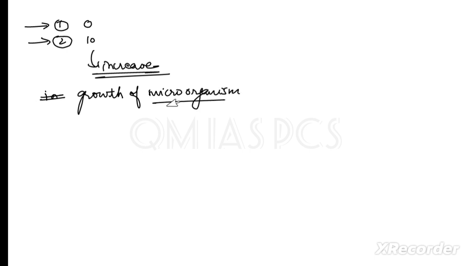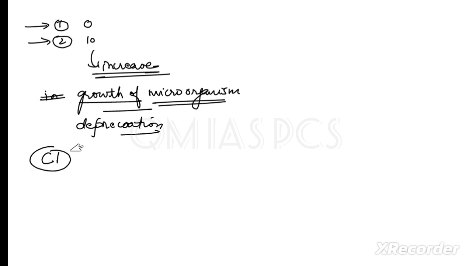I'm not saying bacteria or viruses, I'm just saying microorganism. And one more topic, that is depreciation. In both topics we have to use the CI concept. Now let's see the formula for CI.